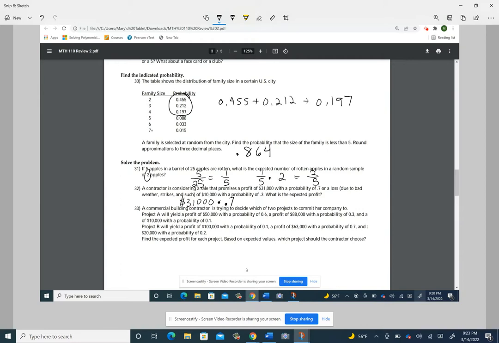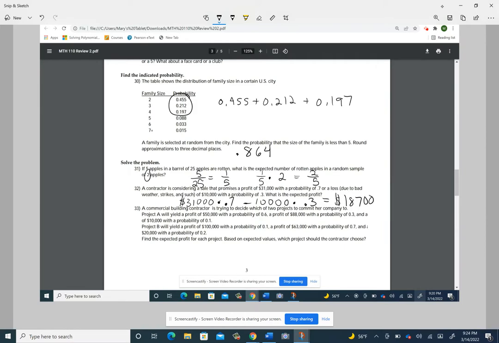Let me just go ahead and do minus 10,000 with a probability of 0.3. So I'm doing 31,000 times 0.7 minus 10,000 times 0.3, and I wind up with an expected profit of 18,700. Okay.